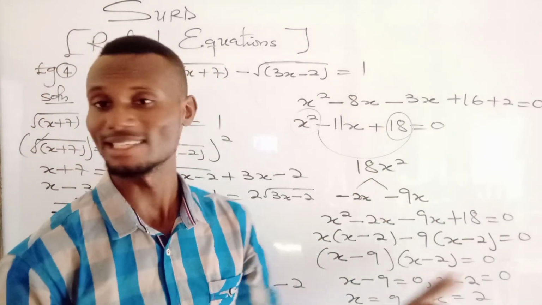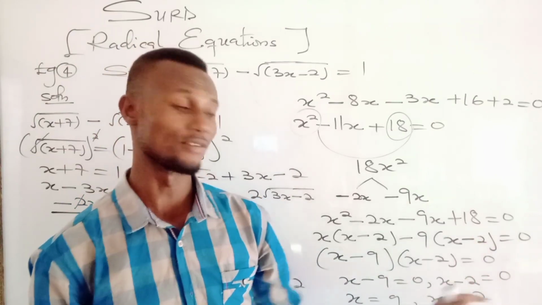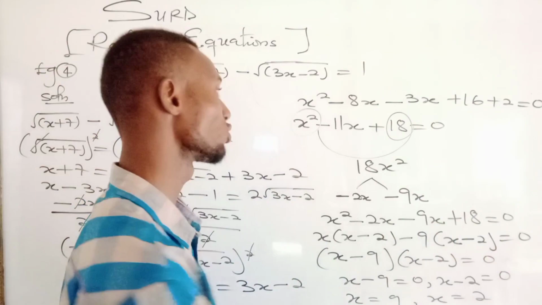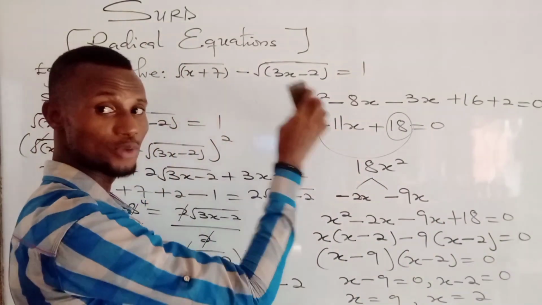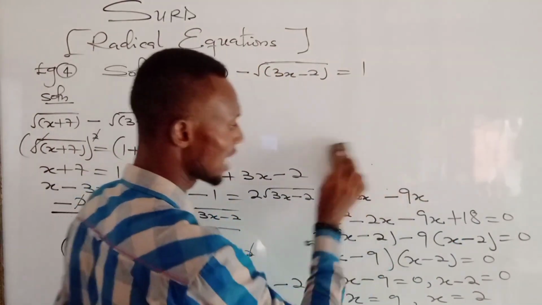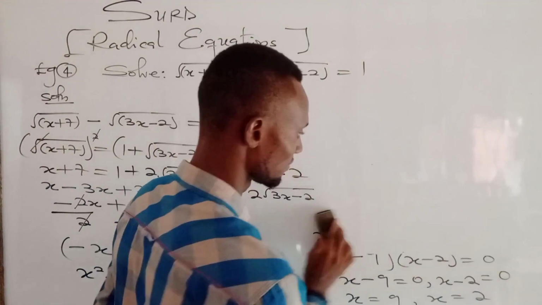Because you cannot just leave your answer like this. You need to test to know which value of the s that you've gotten satisfy the equation. So I'm going to clean this side so that we can have enough space to do the testing.